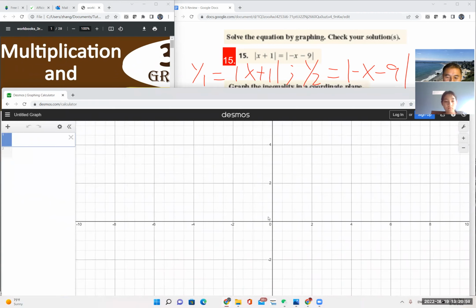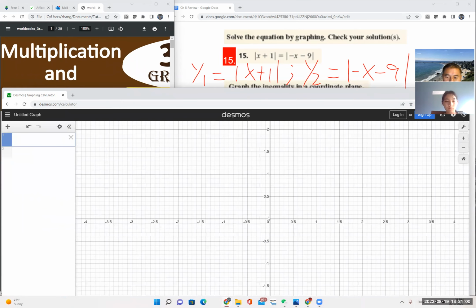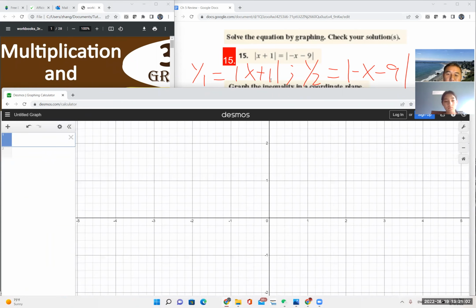Can you draw the most basic one? y equal to the absolute value of x. Could you draw its graph?